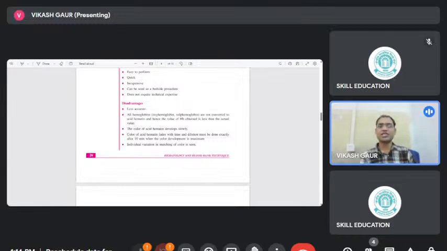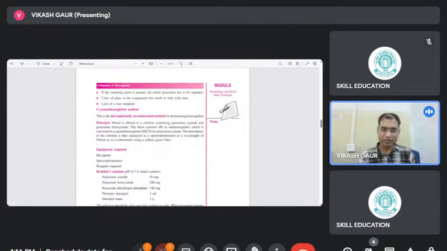There is individual variation in the matching of color, and various other disadvantages are there. If the matching point is passed, the whole procedure has to be repeated. That is, if the point where the comparator color and hemoglobin color match is passed, you need to repeat again.